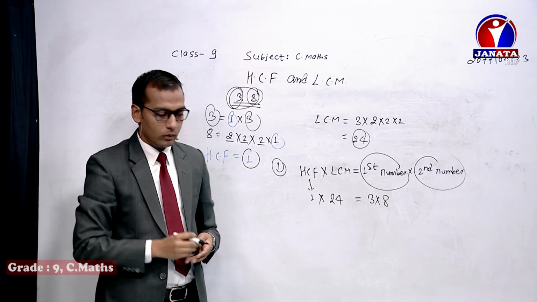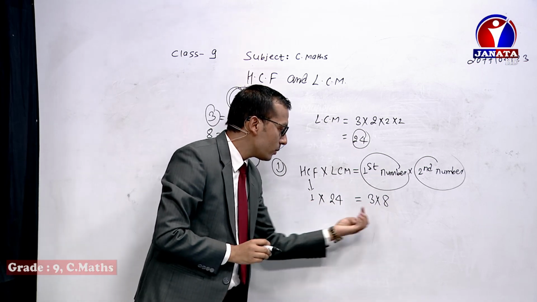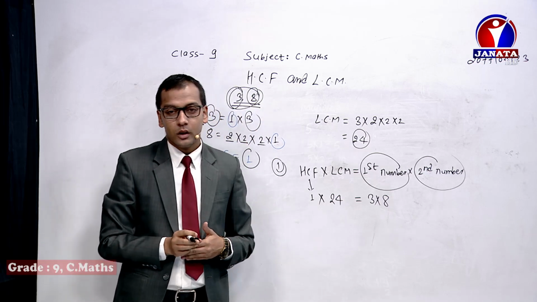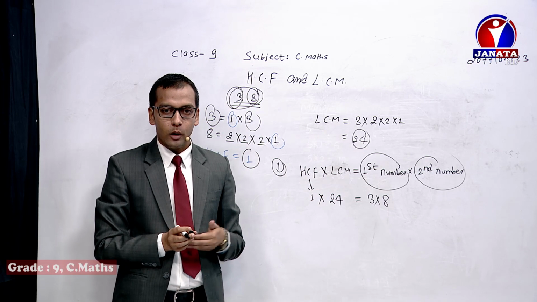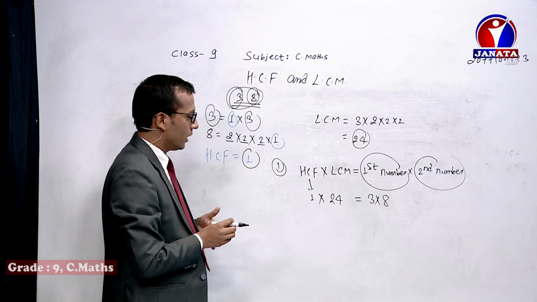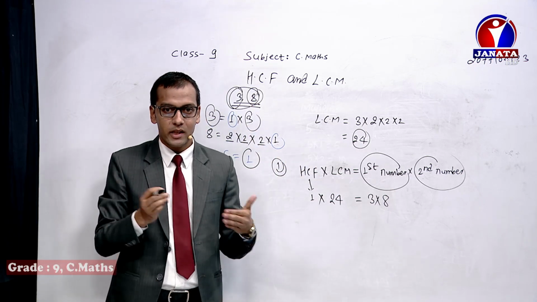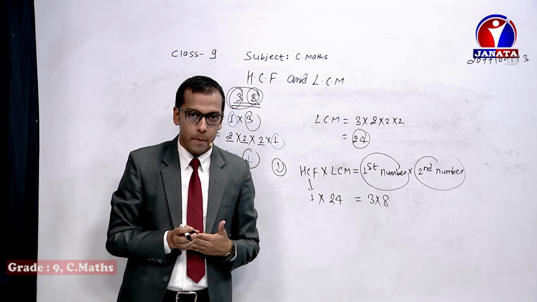This relation is true. 24 times 1 is 24. What is 8 times 3? 24. So this relation is true for any two numbers or any two expressions. Similarly, we can take other examples in terms of numbers, but basically here we are going to talk about different algebraic expressions.